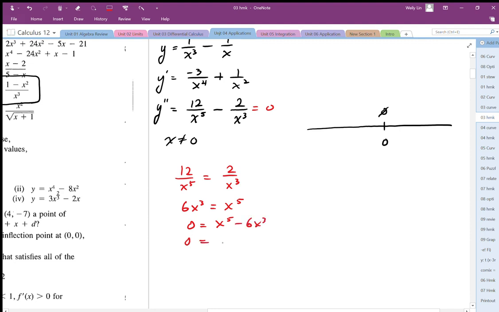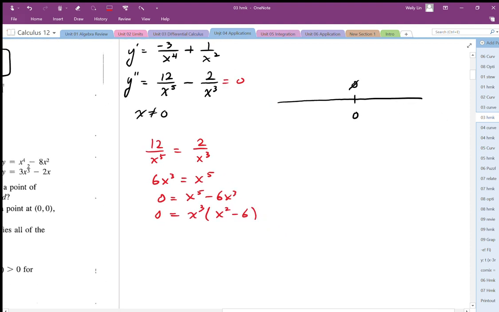Factoring out the x cubed, so x squared minus 6. Okay, so I have a non-differentiable point there. In this case here, my x is equal to 0, but since it's not in the domain, that's an extraneous solution. And then I have x equal to plus minus square root 6.